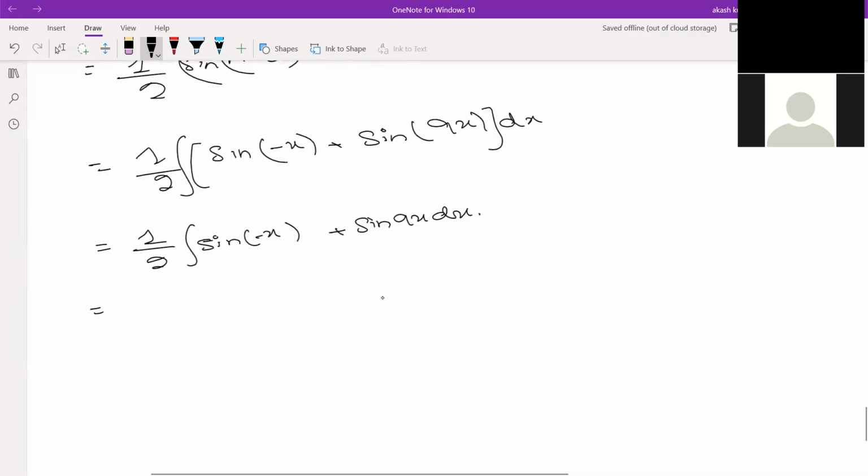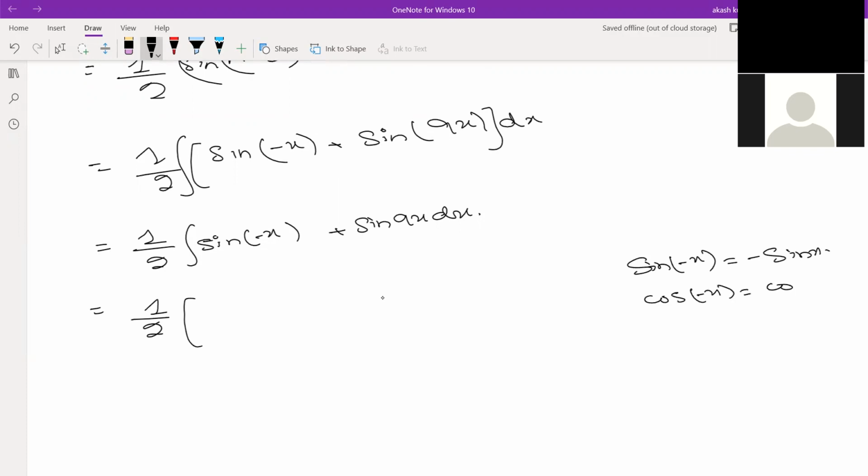Sine x is actually an odd function, and cos minus x is an even function, so whatever is in minus x, cos becomes cos x. Again, tan x is also an odd function.